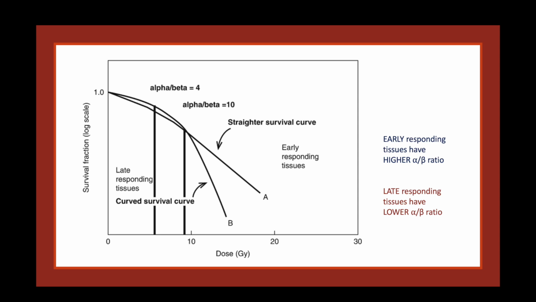So if we were to hit this tissue with 15 gray, the tissue that's alpha beta ratio 4 would be much more affected than the tissue that's at alpha beta ratio of 10. Okay, so think about that, and also keep in mind what the shoulder of these two curves looks like. And remember that shoulder refers to the initial area where we have that initial slope of the curve determined by the alpha component. So keep in mind what that shoulder looks like.